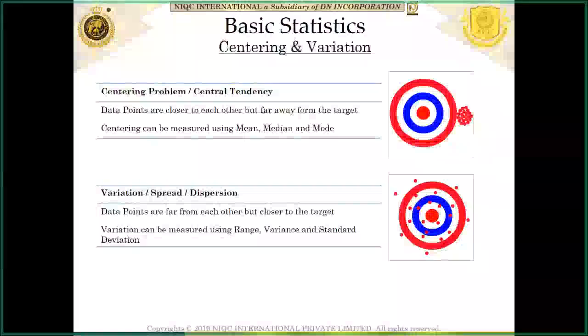How do you do the basic analysis or calculation? You look at two aspects of any data. One aspect is called centering, and the second is called variation.